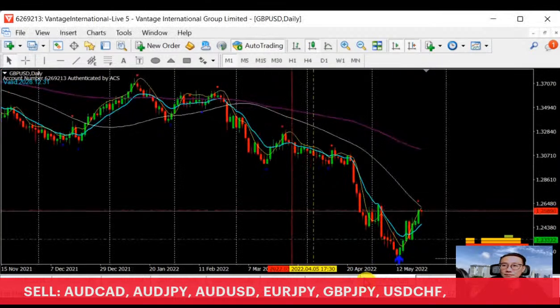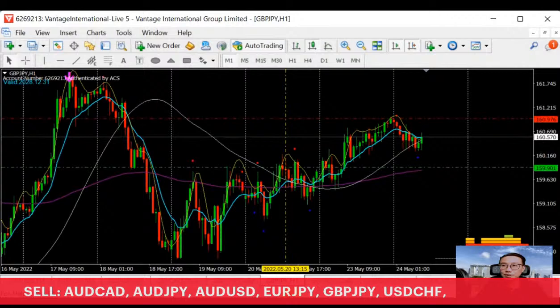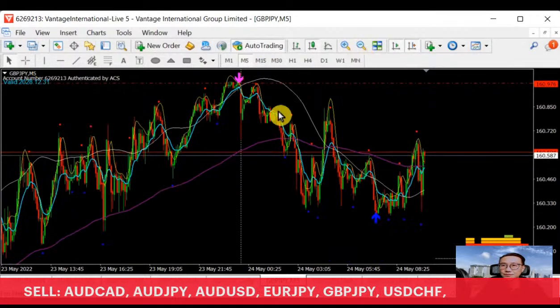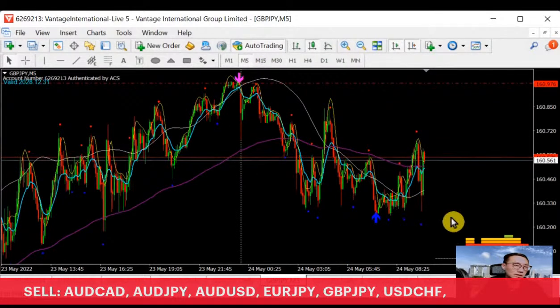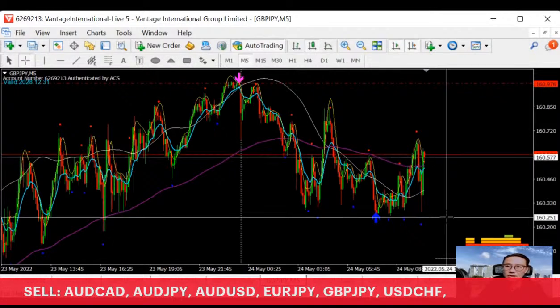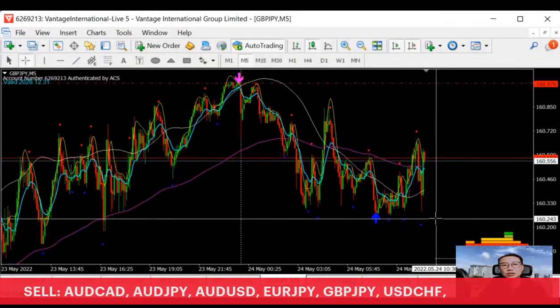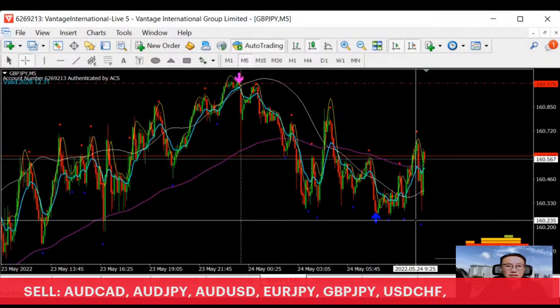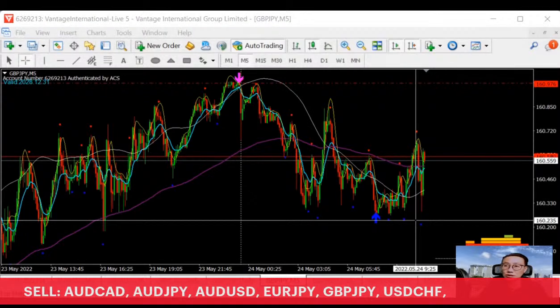For pound yen, we are still looking for something because, as you can see, it has been hovering around this area, and it seems like there's a lot of support at this price level, 160.243. This is another thing we need to pay attention to as well.